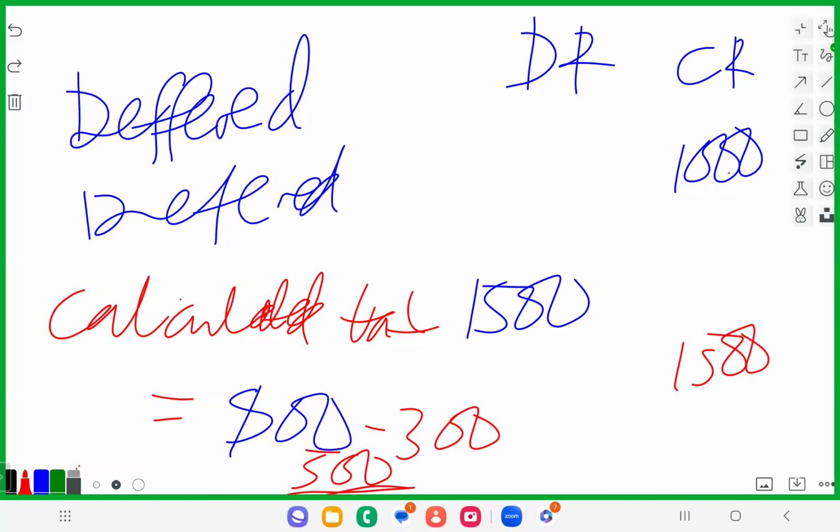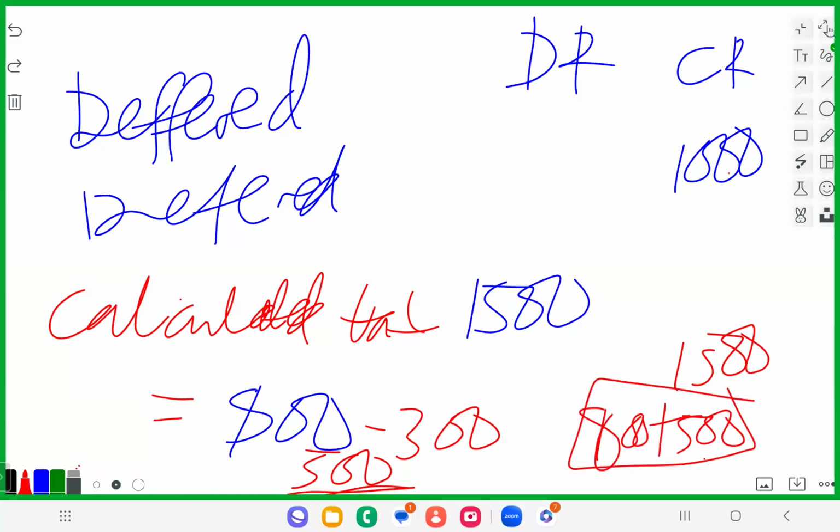Take the difference between the two, of 500. This 500 shall be added to the 800 being the carrying amount. I've talked about the carrying amount. You got to add these two, and that sum you have found is what you're going to report in your statement. This is very important for you to notice and understand.